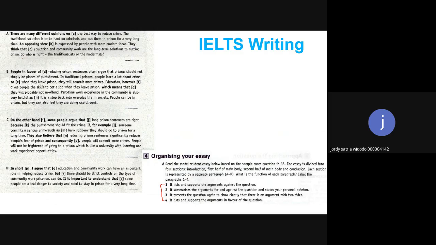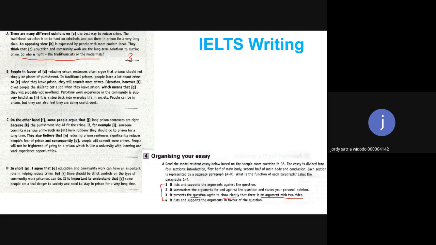You've got the question here. So this is the opening paragraph, or we can say the introductory paragraph. So you've got the question, meaning it's number three. Number three: it presents the question again to show clearly that there is an argument with two sides. So that's the function of the first paragraph.